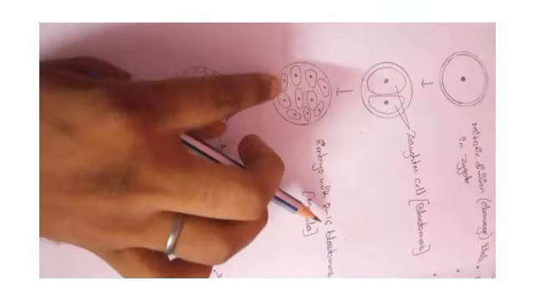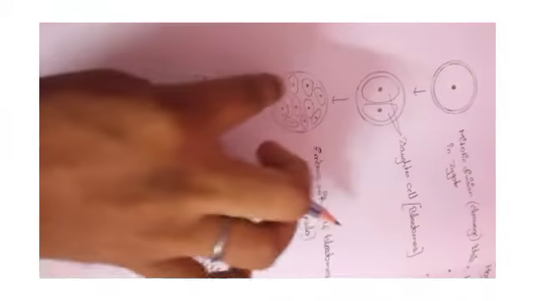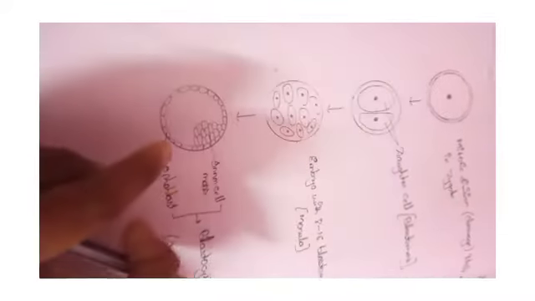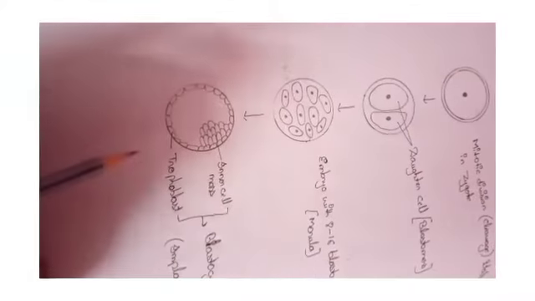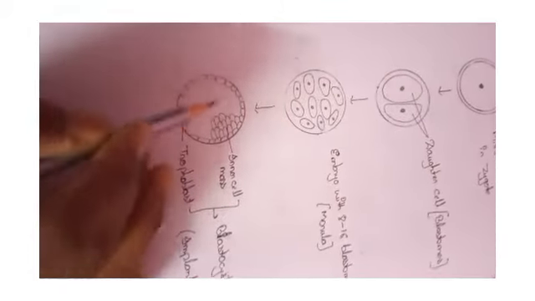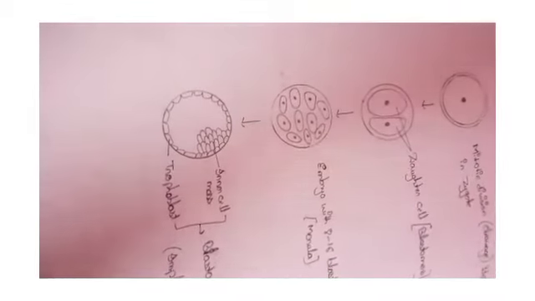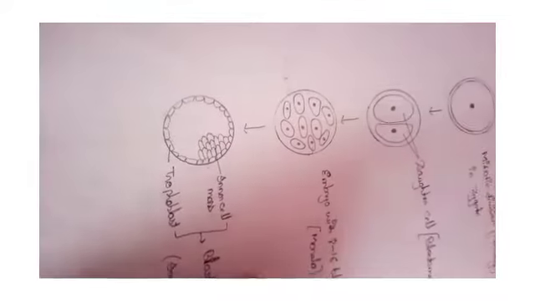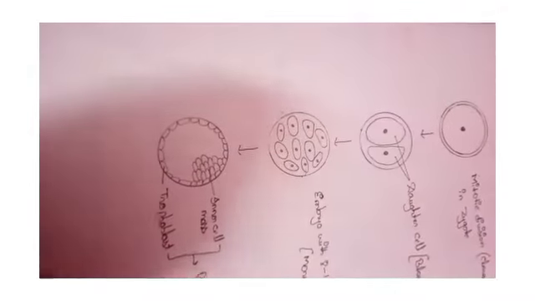When 8 to 16 cells are present in this stage, it is called the morula stage. And when there are 20 to 100 cells, it is called the blastula stage. This is the main stage before fetus development.